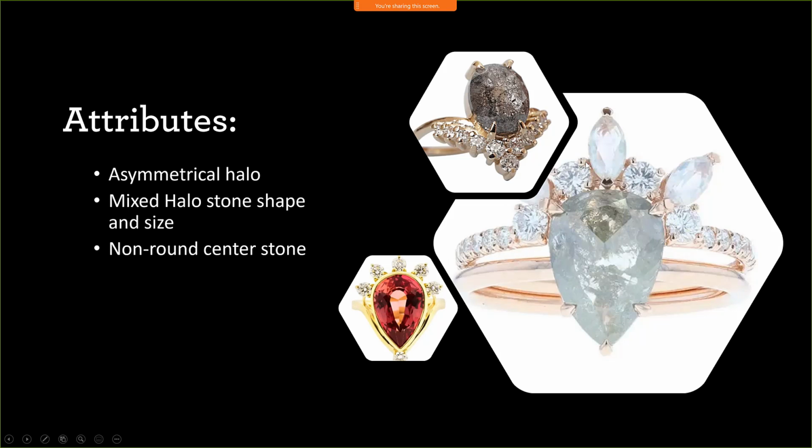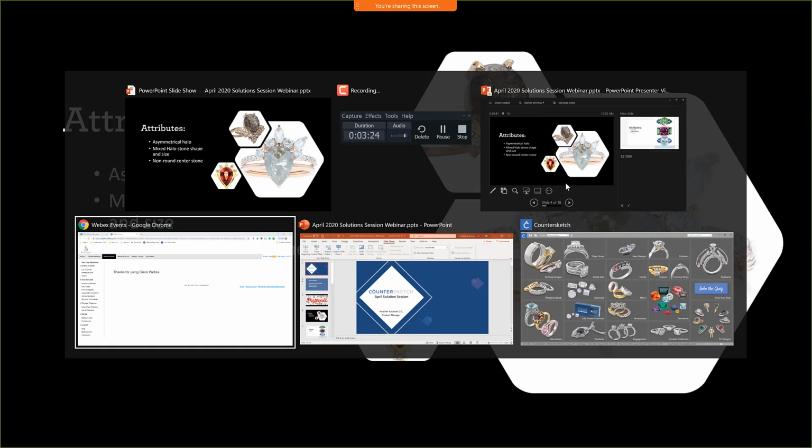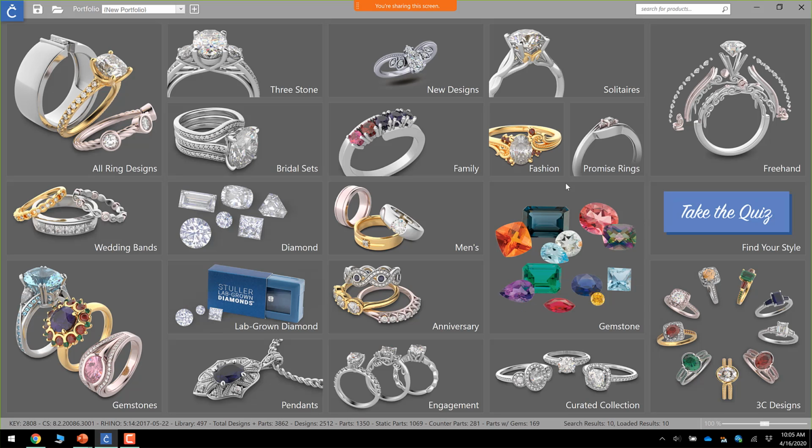So again, we're not going to build exactly one of these. We're not going to try to copy someone else's work, but rather we're going to create our own design that would be inspired by these types of rings and this type of look. So without further ado, let's hop on over into CounterSketch and get started.